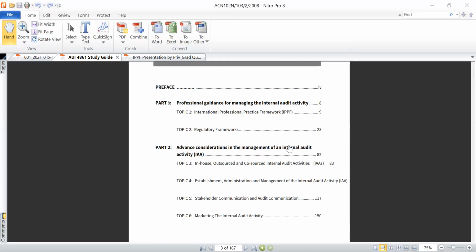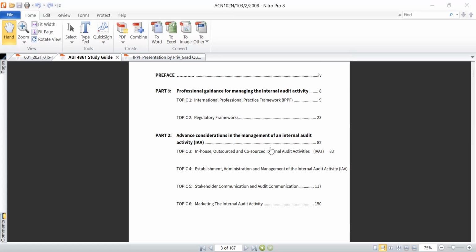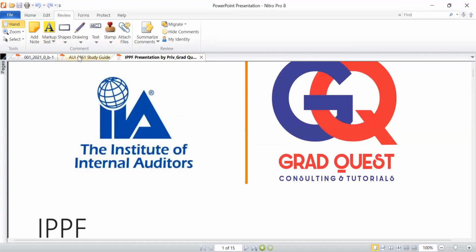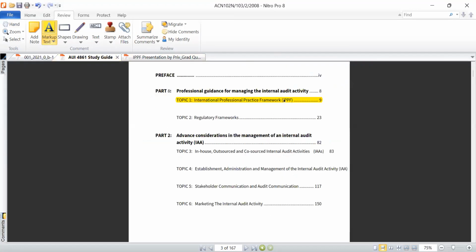There are about 6 topics to be covered for the purposes of this module. The first one deals with the International Professional Practice Framework, which is the IPPF. I've already drafted notes for you for that, and that is what we're going to start with in today's session.